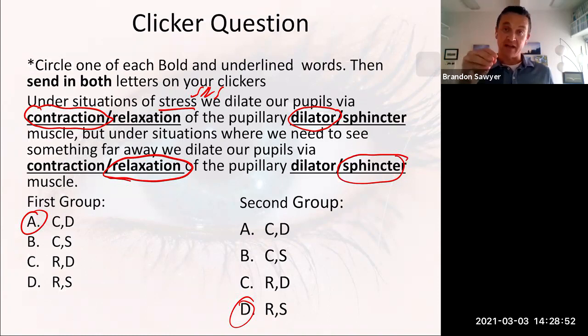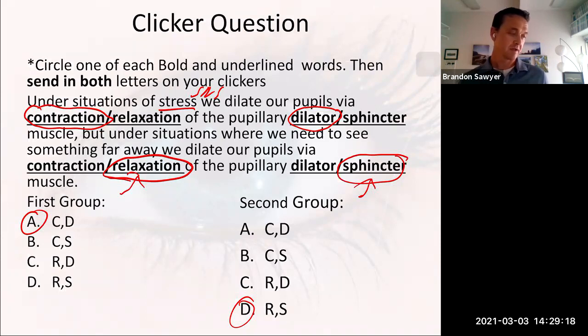So sympathetic activation, which would mean a stressful situation, we're going to dilate via contracting the pupillary dilator muscle. But if we're just trying to see something far away, we're not stressed out about it, we're not going to use the sympathetic nervous system anymore. We're still using the parasympathetic, so we're going to just relax the other one, the pupillary sphincter muscle.